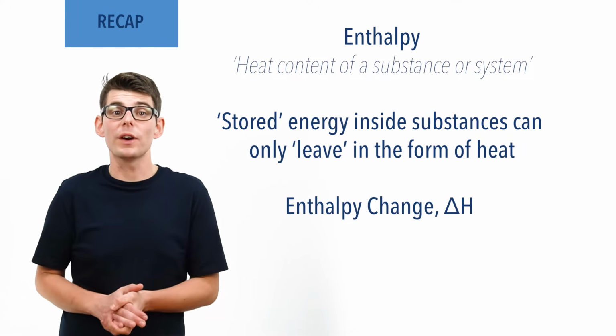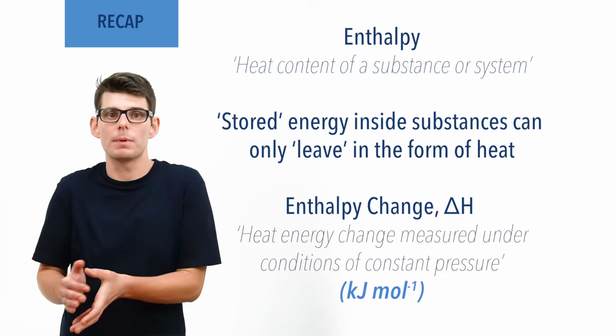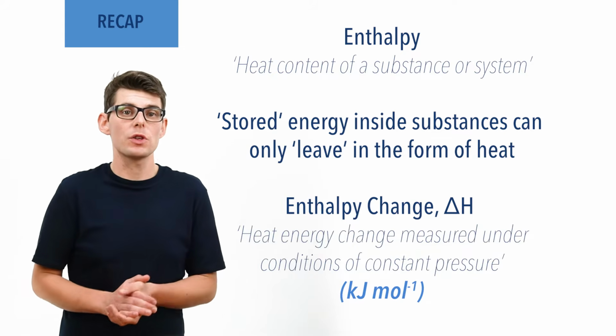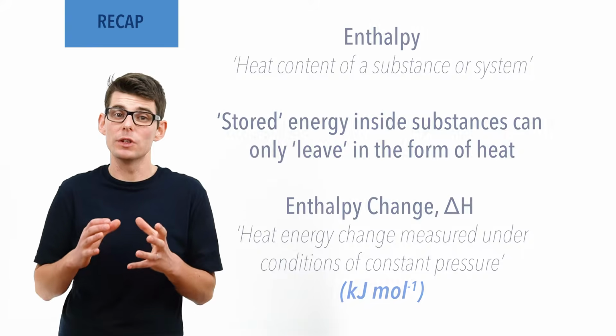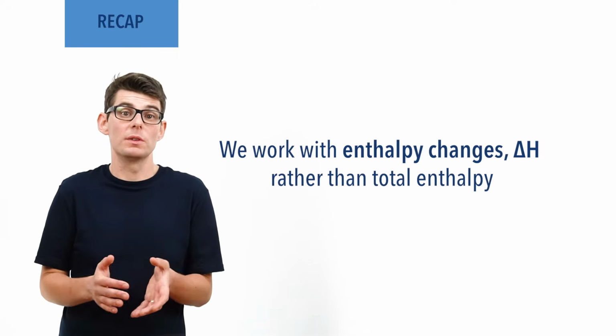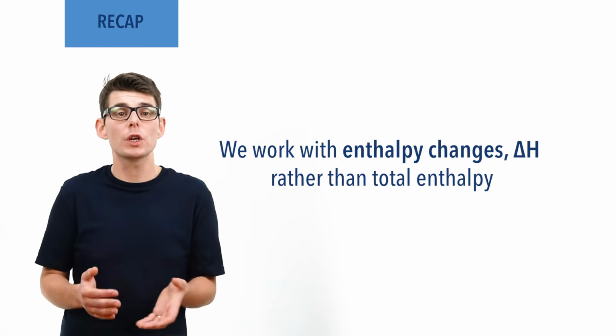Enthalpy change is defined as heat energy change, kilojoules per mole, measured at constant pressure. It is impossible to know the exact enthalpy of a substance. It is possible, however, to measure how the enthalpy of a substance changes when it reacts. This means in chemistry we work with enthalpy changes, shown as delta H, rather than total enthalpy values.